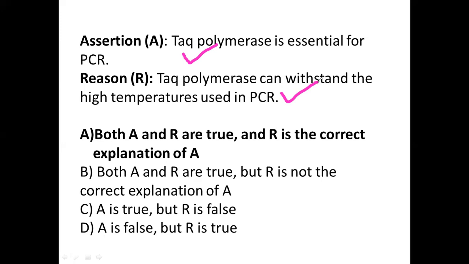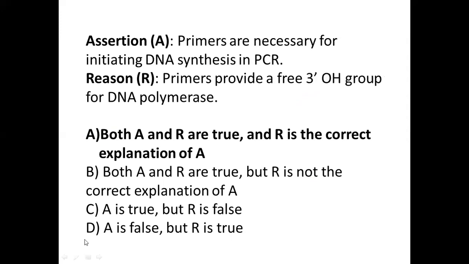So A is true, R is true, and R is the correct explanation of A. Taq polymerase is essential because it can withstand the extension temperature. In extension we use 75 degrees centigrade for 1 minute, and Taq polymerase is able to withstand such high temperatures.